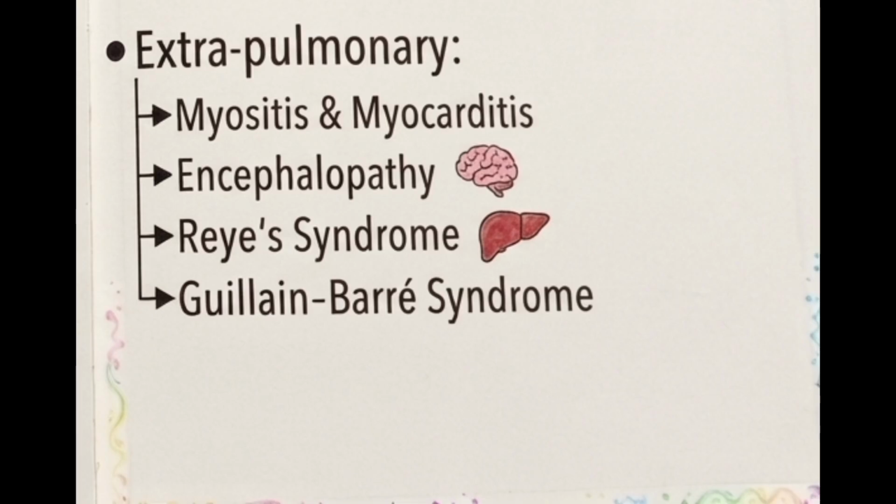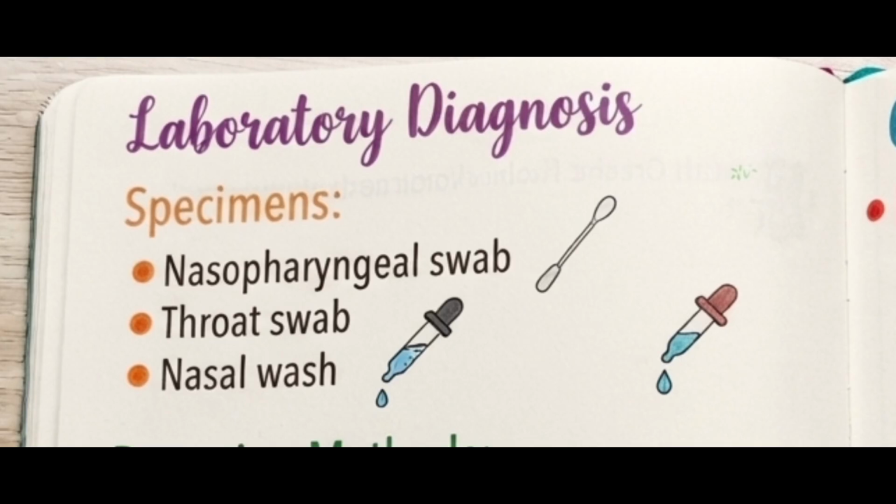Extrapulmonary complications. These are less common but more severe, affecting other parts of the body. They include myositis and myocarditis, inflammation of muscle and heart, encephalopathy, brain dysfunction, the rare but serious Reye's syndrome, and Guillain-Barré syndrome.